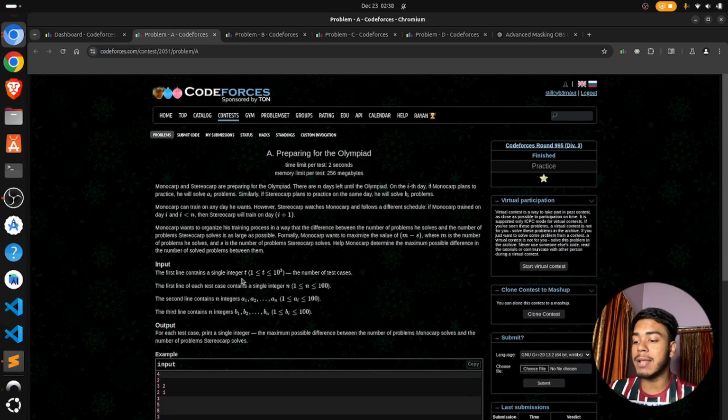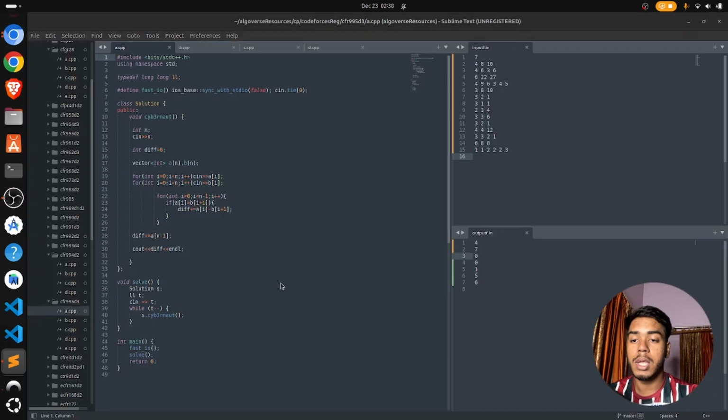In our calculation, I will show you the code also. We will iterate from 0 to n minus 1, or n minus 2 for zero based indexing, and we will add the days only when our Monocarp is solving a greater number of problems than Stereocurve on the next day.